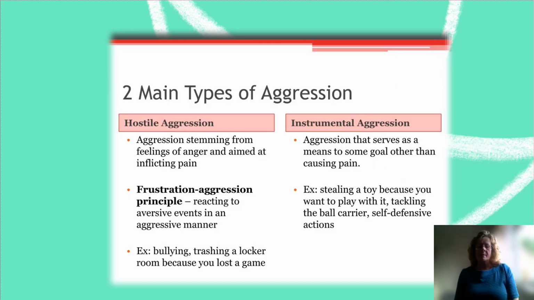There are two main types of aggression, hostile and instrumental. Hostile aggression comes from feelings of anger and is aimed at causing pain to others. Instrumental aggression is aggression that has a goal other than causing pain.